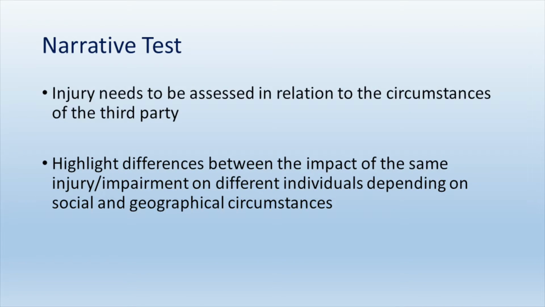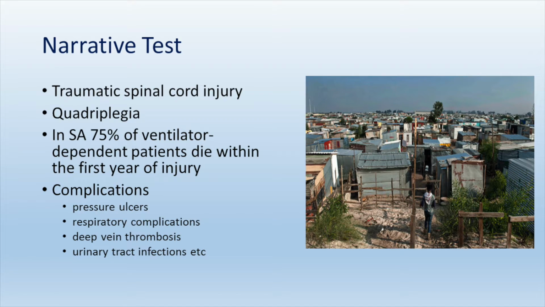I'm sure the narrative test causes a lot of confusion amongst orthopedic surgeons, and essentially all it is, is an adjustment to the patient's particular circumstances. And it should highlight the differences that the impact would have on an individual depending on his social and geographical circumstances.